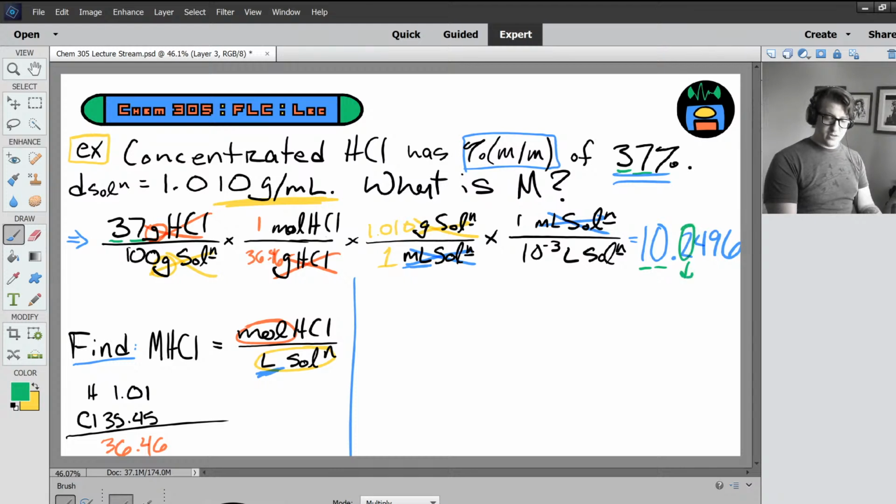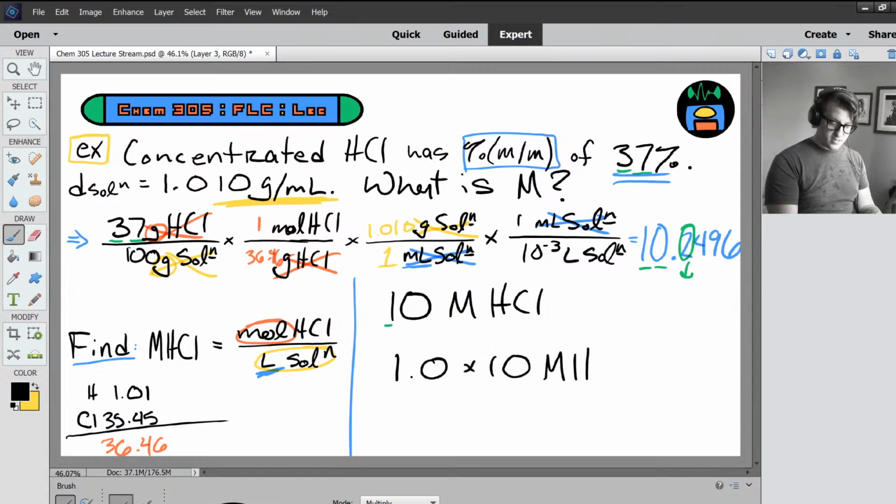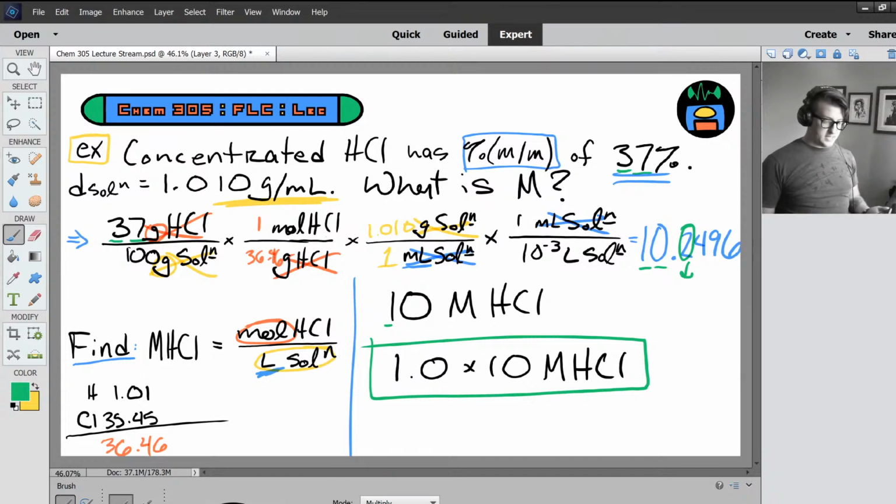Here's the problem. Our answer cannot be 10 because 10 only has one sig fig, right? We've got to write this number in scientific notation as 1.0 times 10. That is our final answer.